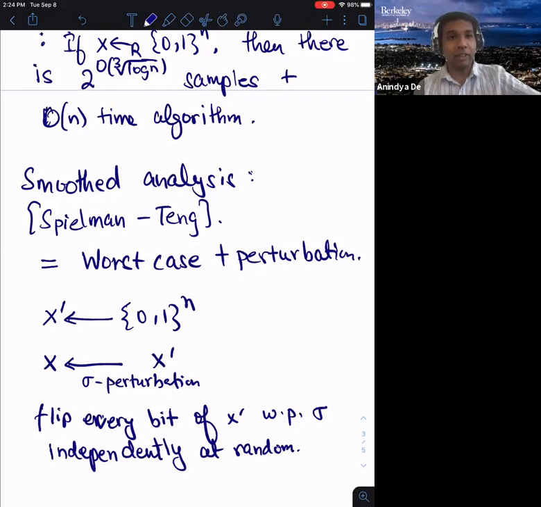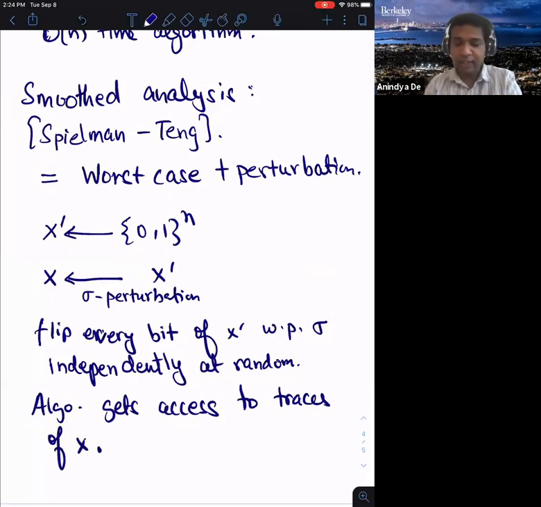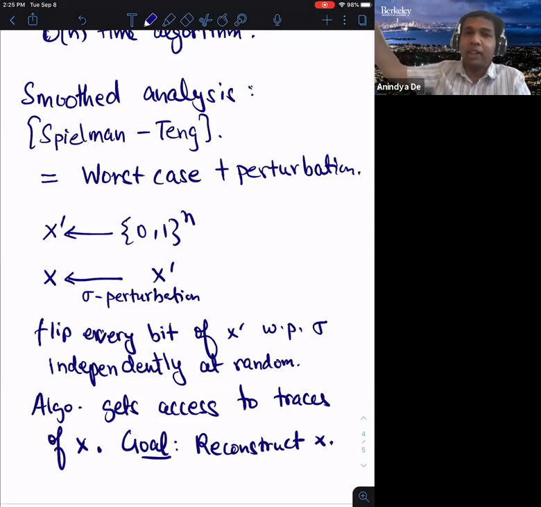Now you have to solve the trace reconstruction problem on this X. The algorithm gets access to traces of X, not X prime, and the goal is to reconstruct X. X prime just comes up in the context of the generation of the string X, and is chosen by an adversary.